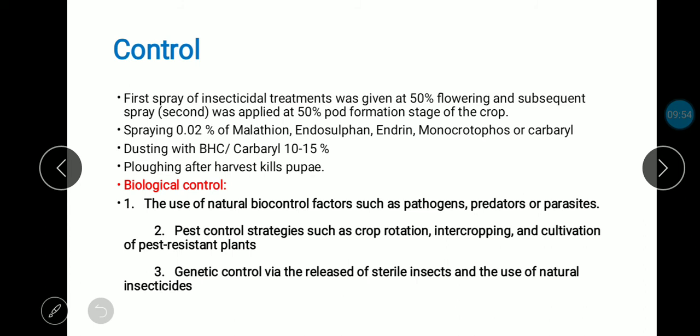The next most important control is biological control. It includes three different ways. First is the use of natural biocontrol factors such as pathogens, predators or parasites which can cause harm to this Helicoverpa armigera.